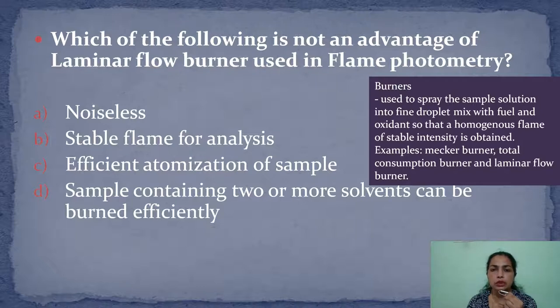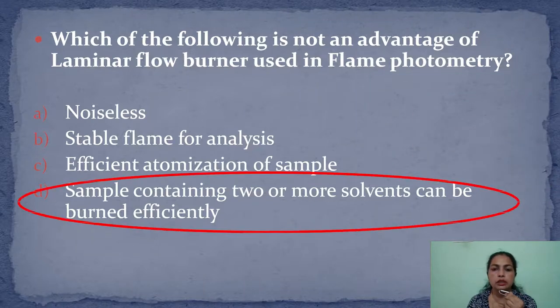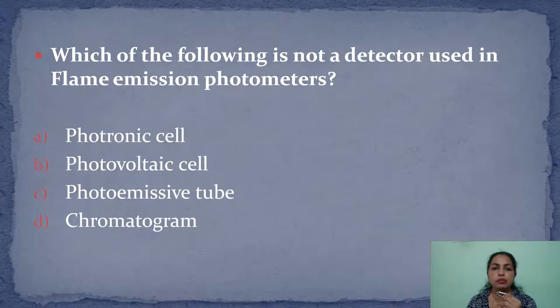Some burners which are routinely used are the Meker burner, total consumption burner, and laminar flow burner. Among these, the laminar flow burner is noiseless. It gives a stable flame for analysis, and it helps in efficient automation of the sample. But the disadvantage is that samples containing two or more solvents cannot be burned efficiently with the help of this laminar flow burner.